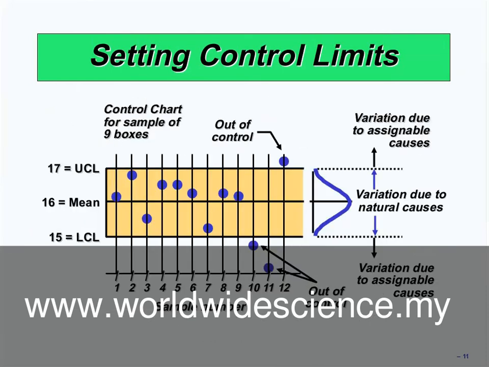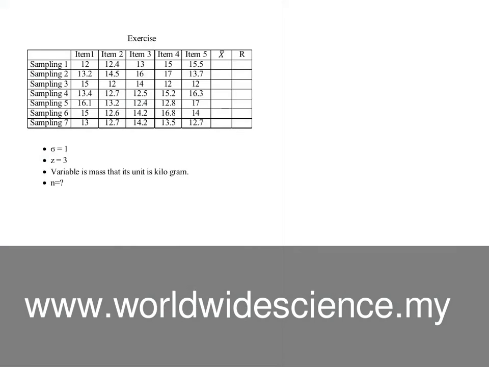We have 7 sampling here, so we should write all of them on the horizontal axis with equal distance, with equal units. For example, 1 by 1, you can draw units 1, 2, 3. The distance between units should be equal. 1, 2, 3, 4, 5, 6, 7. Each of them shows you the sampling. Sampling 1, sampling 2, sampling 3, sampling 4, sampling 5, sampling 6, and sampling 7.